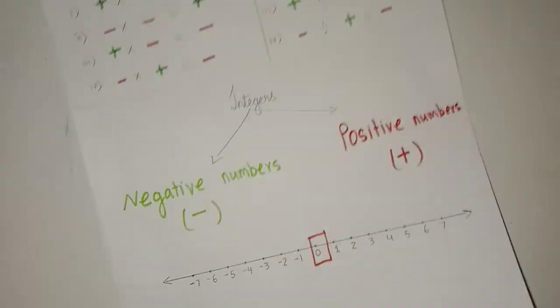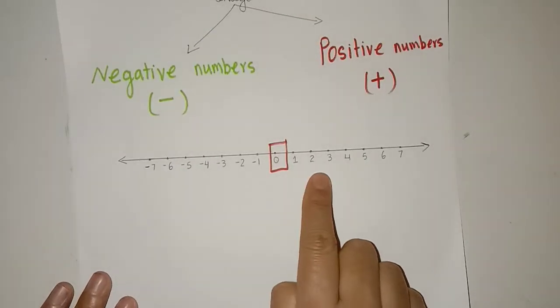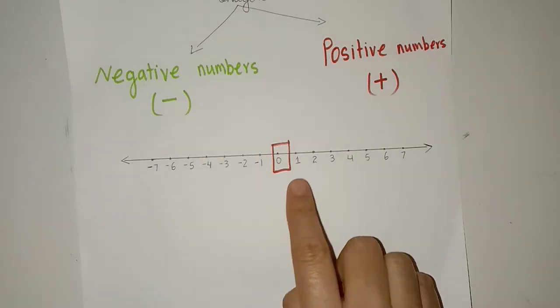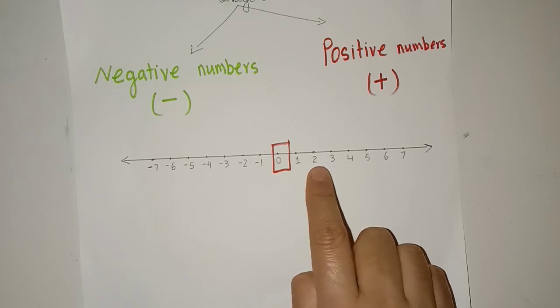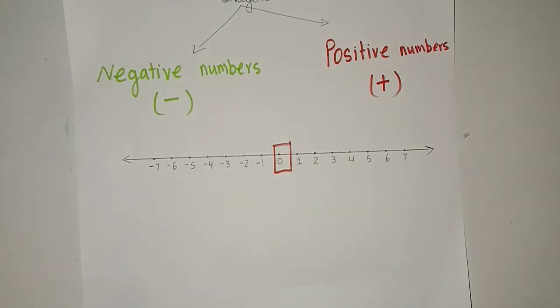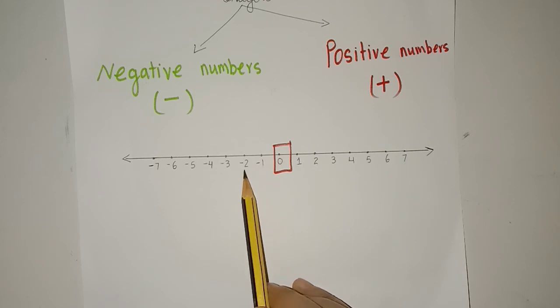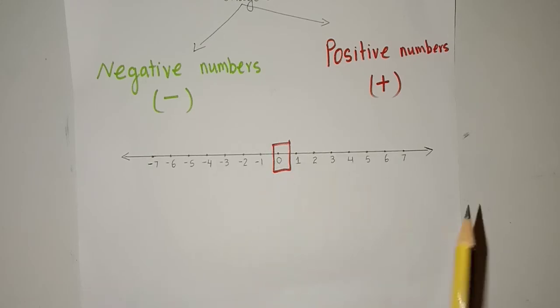If from 0 to 1 it is 2 centimeter, then from 1 to 2 also you have to keep a gap of 2 centimeter, not 1 centimeter or 3 centimeter. I hope you understand that.